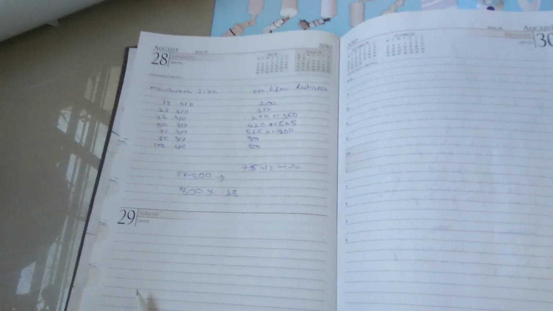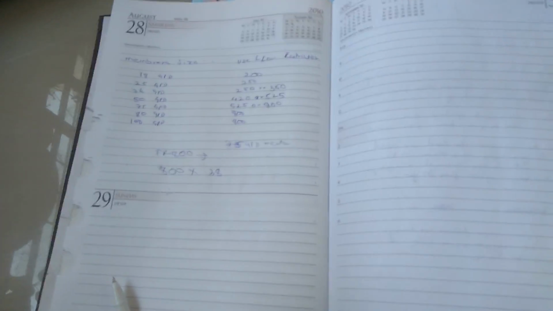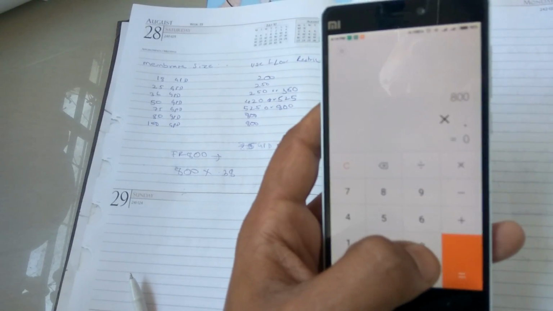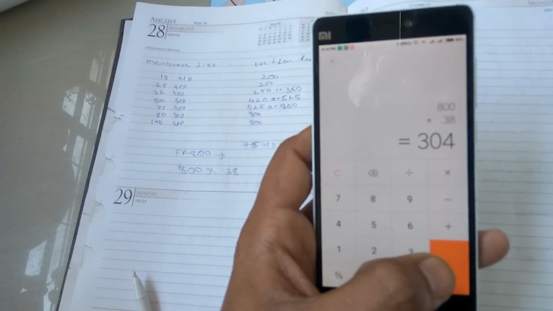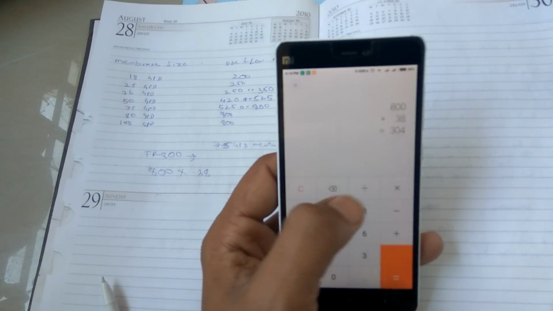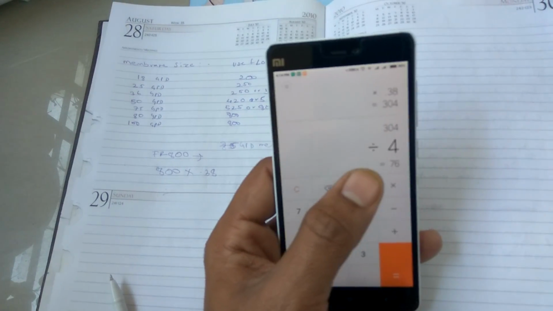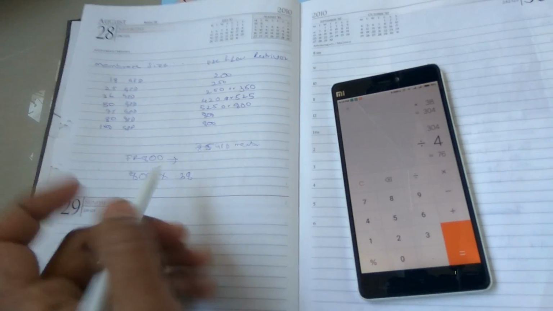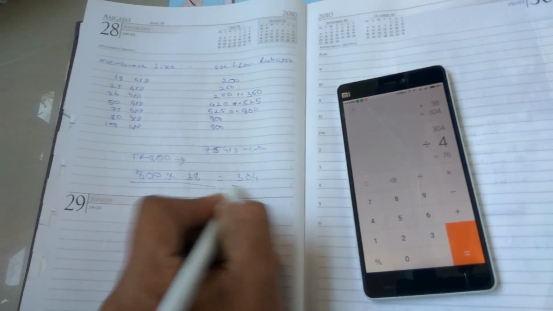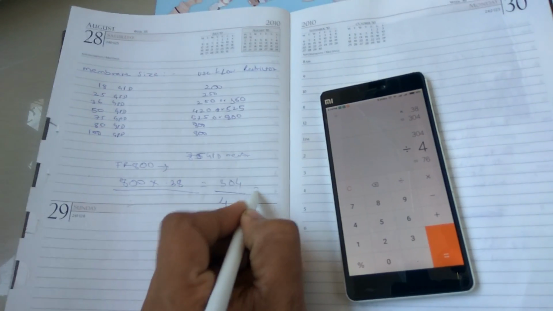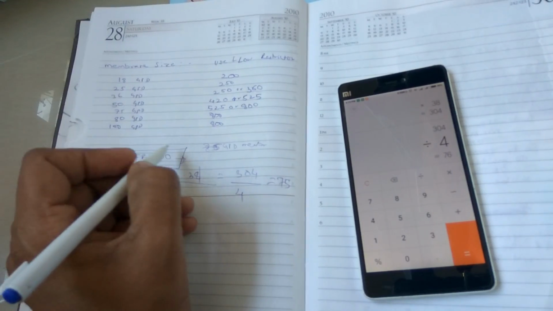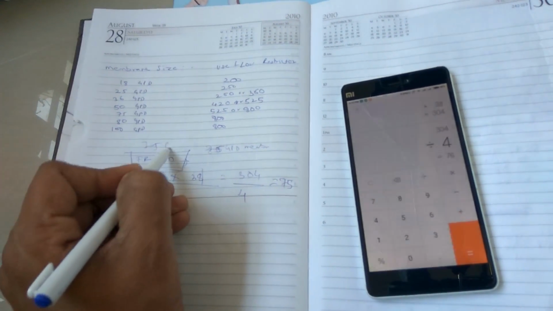When we multiply 800 by 0.38, we get a rating of 304. That is almost 4 times the rating of 75 GPD. 304 divided by 4 gives us 75. So FR 800 is best suited for a 75 GPD membrane.